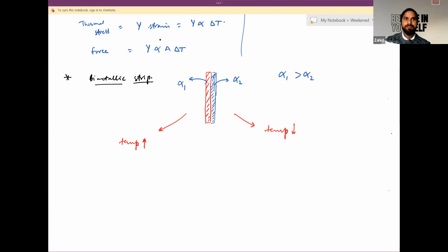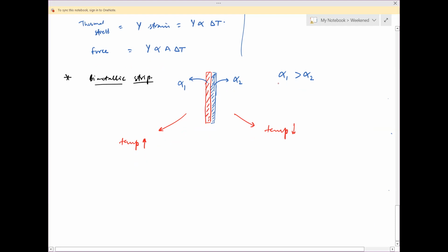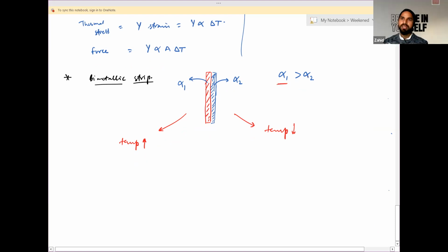Let me explain the concept. Suppose alpha 1 is greater than alpha 2. It means the rod with the greater coefficient of linear expansion will increase more in length on increasing temperature.